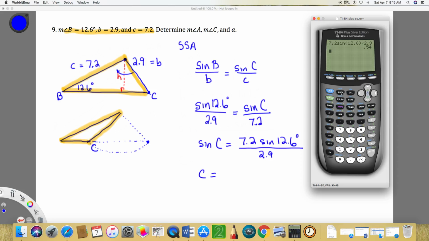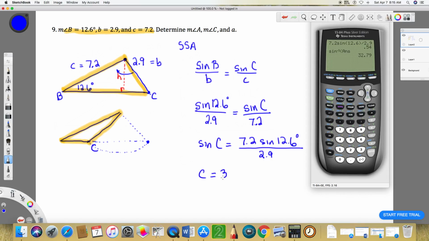Now, be careful. This is not the measure of angle C. This is the ratio. I have to take the inverse sine of that answer. My angle is 32.79.